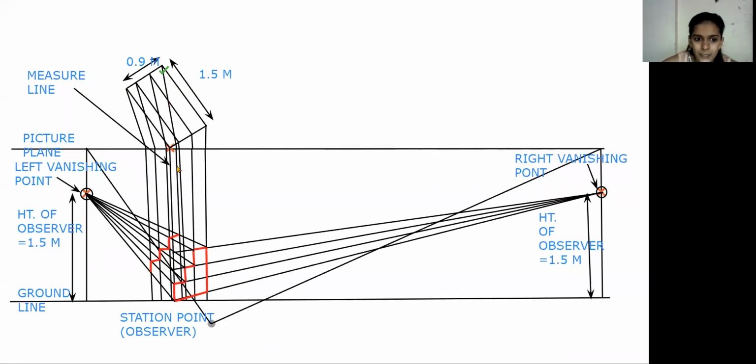Okay, between these two inclined lines, you can easily identify it. So our second portion of the section is also completed. Now it is so easy. You can join the lines between riser and between treads. Just connect the lines and your perspective view is ready.